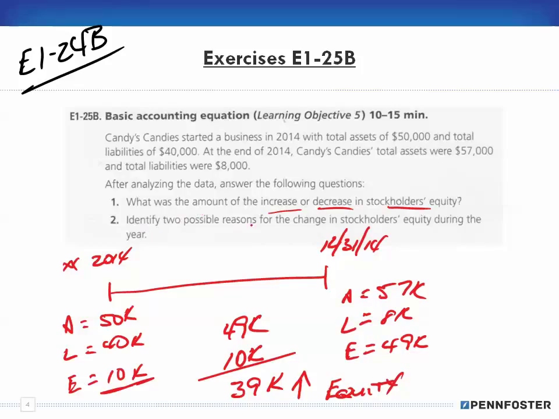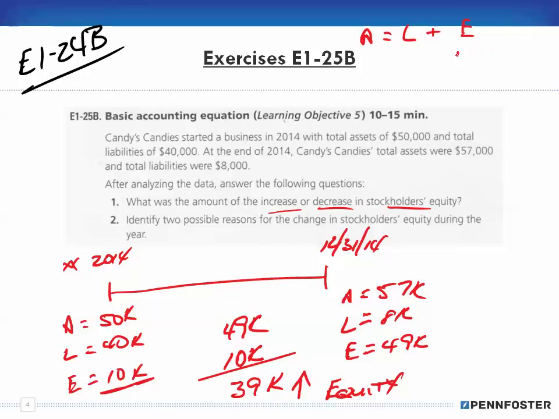And two possible reasons for the change in the stockholders' equity. Okay, in previous illustrations, you had your assets equal to liabilities plus equity.